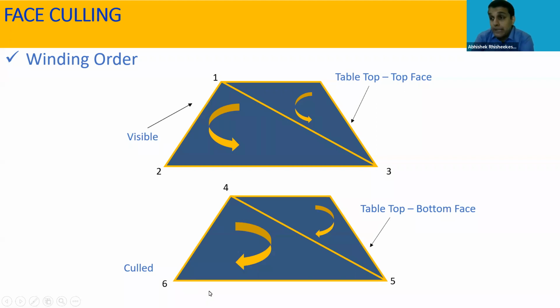If you assume that the triangle is facing you, in this case from the bottom side, but when you view from the top, the winding order of the vertices of the bottom face triangle becomes clockwise as shown here. Now all triangles with clockwise winding order are culled and the rest of the triangles with counterclockwise winding order are retained and are visible. This is essentially backface culling.